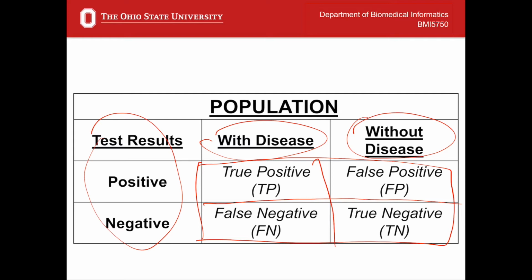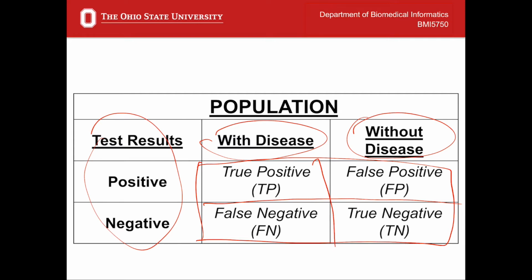The number of people with disease and a positive test result is true positive. The number of people without disease but a positive test result is called false positive. The number of people with disease but a negative test result is called false negative. The number of people without disease and a negative test result is called true negative.